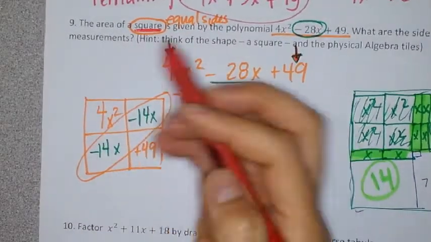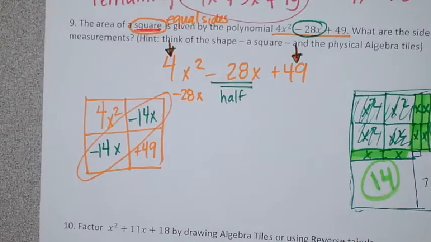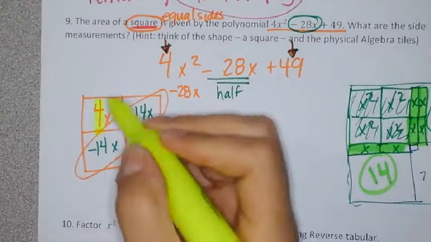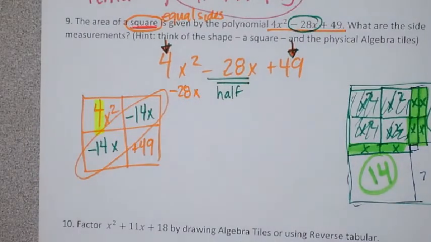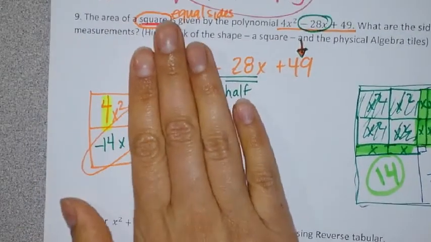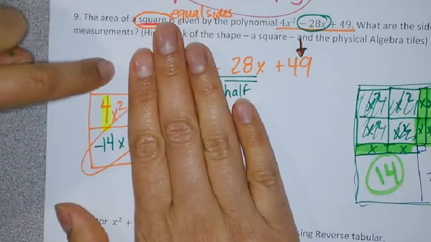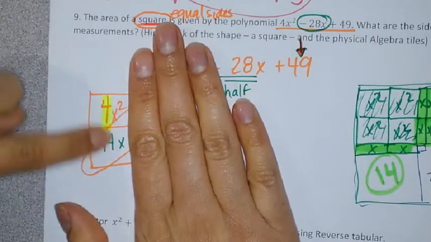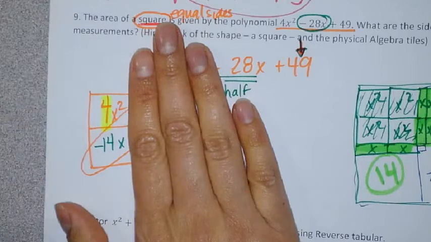Once you have that, then you do reverse tabular. Now, remember that when our leading coefficient is not 1, when it's a different number other than 1, our first step is always this top part. So the GCF of these two is the one that begins that process of reversing.